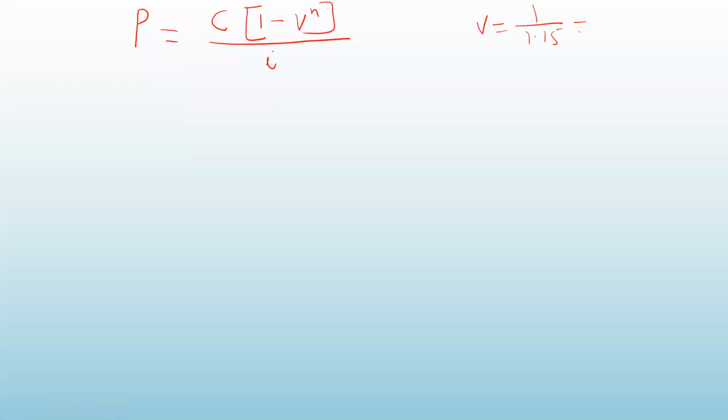What is 1 divided by 1.15? That is equal to 0.8695652174. Put all the values.